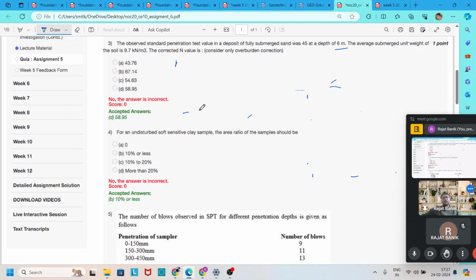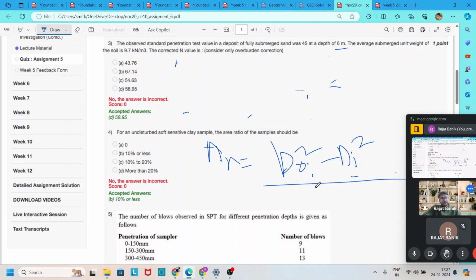If you remember, the formula of area ratio AR is equal to D naught square minus DI square divided by DI square into 100%, where D naught is the outer diameter of the sampler and DI is the inner diameter of the sampler.